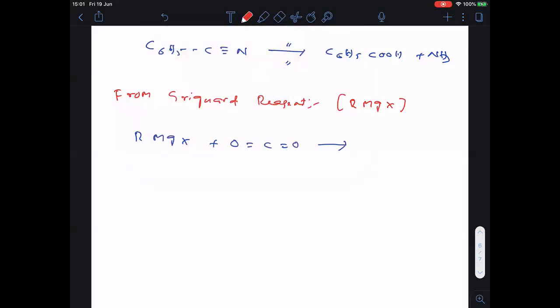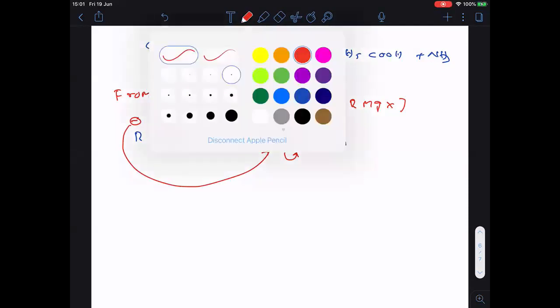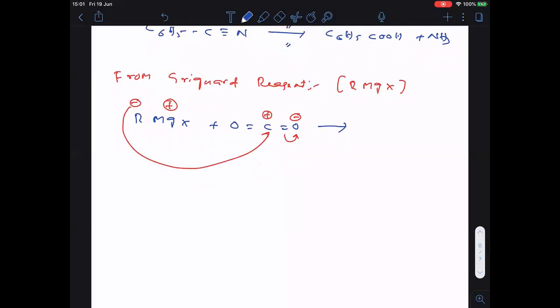So what happened here? The pi bond will shift to the oxygen, carbon gets positive charge, oxygen gets negative charge. So here R minus and MgX plus. Clear? This negatively charged R attacks the positively charged carbon. Then what happened here?